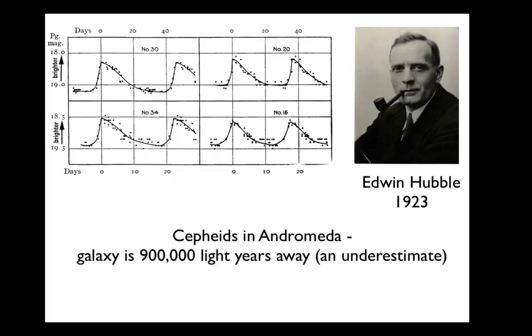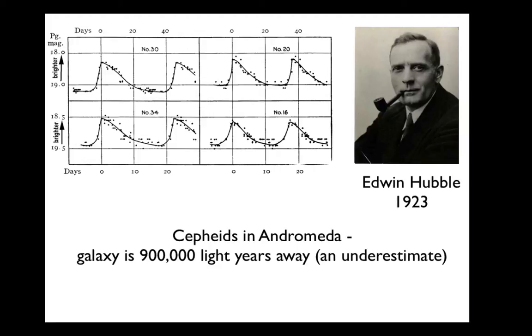What he did was he again used a standard candle. He used these Cepheid variable stars, the same stars that Shapley had used for the globular cluster measurements, those stars with the period-luminosity relationship that was established by Henrietta Leavitt. And he was able to find Cepheid stars in Andromeda, so stars in another galaxy, and he was able to follow their brightness variations.